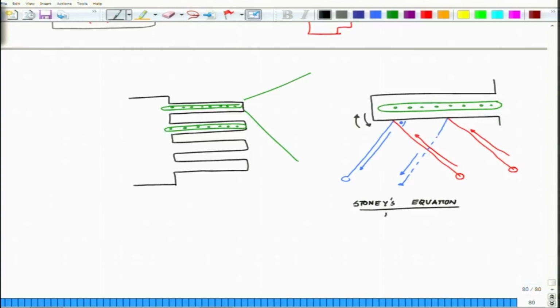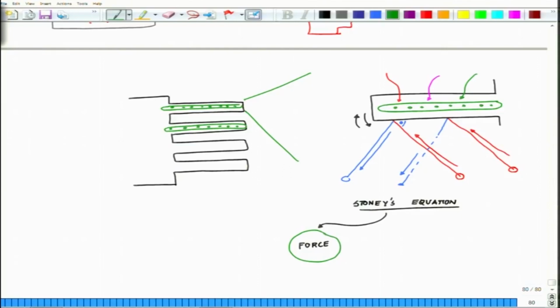Stoney's equation will help you to calculate the force being generated out there. So now if you know the force, then depending on what kind of drug molecule, what kind of pathological situation the muscle is in, or what kind of material is acting on muscle, you have a very simple tool by virtue of which you can quantify the force generated by the muscle.